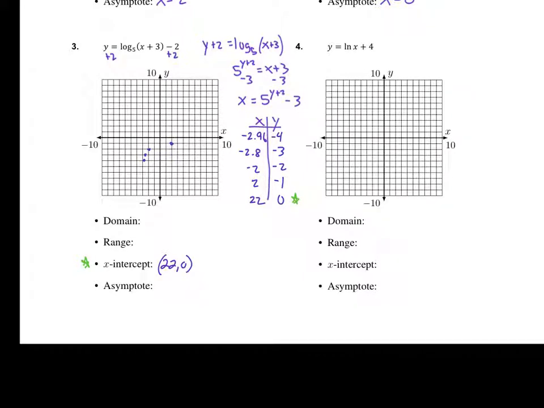So our graph is going to look like that. So now it's approaching -3. So our asymptote is x equals -3. Our range is all real numbers, and our domain is -3 to infinity.